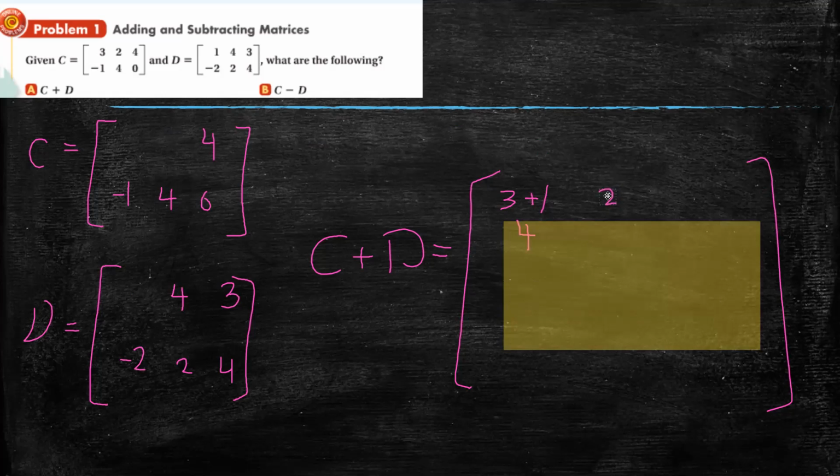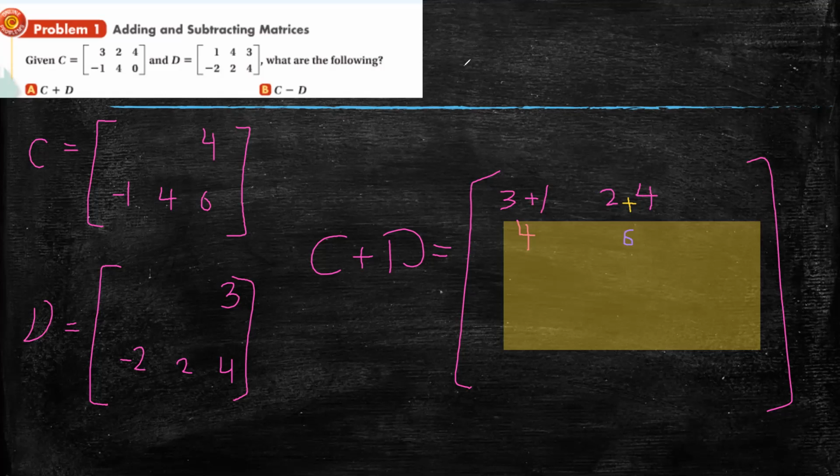Since I take it from the first row, the second column, when I combine them, it must have the same position. I cannot put them here. So 2 with this 4 here. It can also be added. And if you add them, 2 plus 4 equal what? Equal 6. So it will be here now.